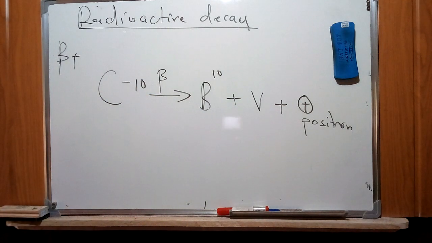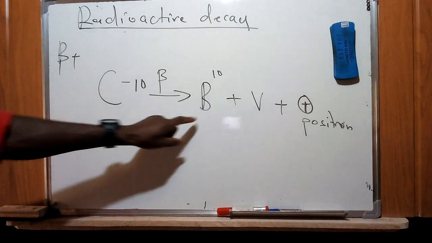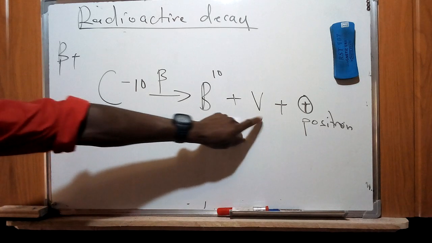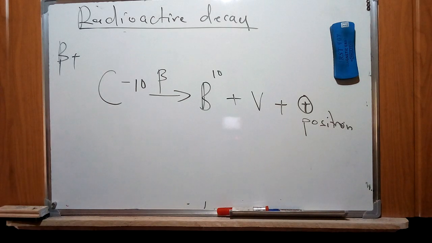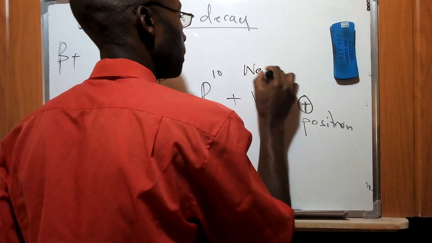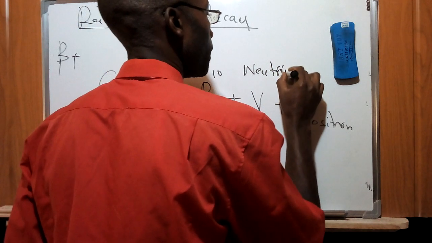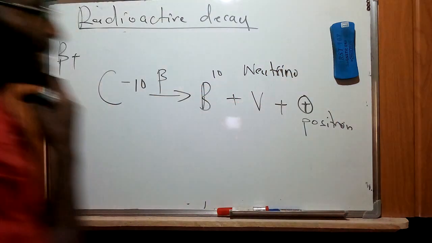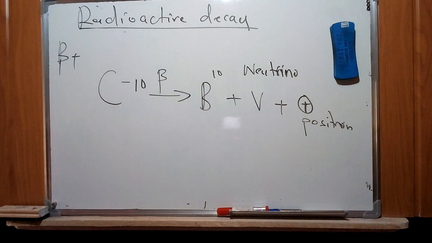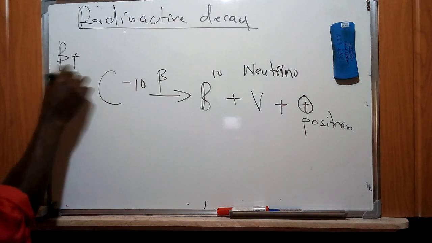So this is a general representation of carbon forming boron, and then there's a formation of a neutrino. This is a neutrino. And then there's a positron, which is a positively charged electron. This is for the beta plus process.